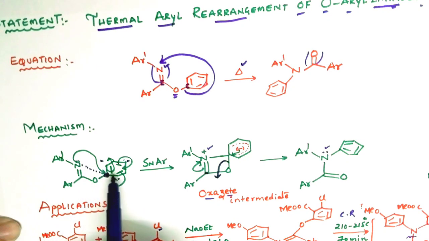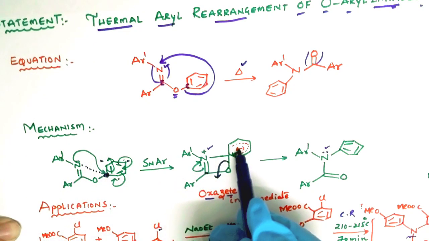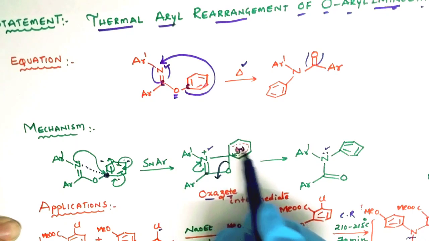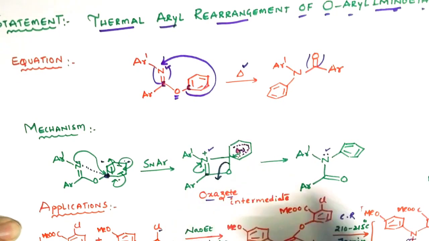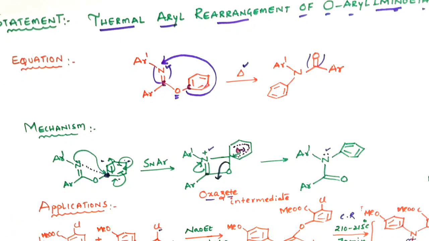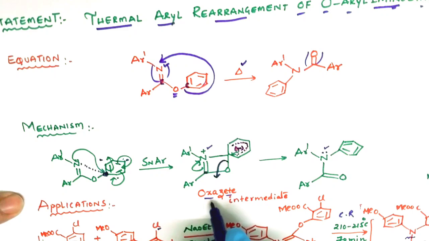It means the electron density is continuously delocalizing or not. That's why we represent this with a minus: the negative charge is distributed among the carbon atoms. This intermediate is called the Meisenheimer intermediate.